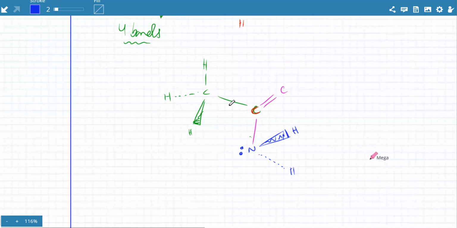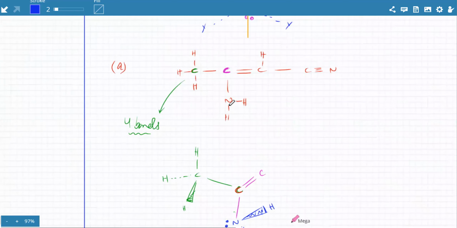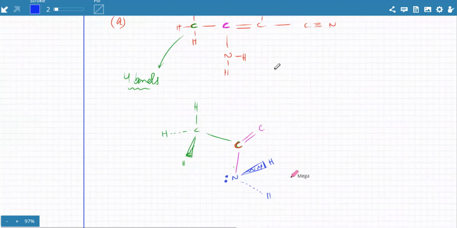I think this other carbon atom is exactly the same as this carbon atom. So that would be fan shaped as well, right? So that's also fan shaped, and on one side there is H, and then you reach this C triple bond N.